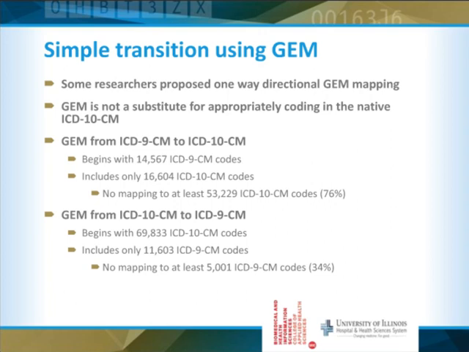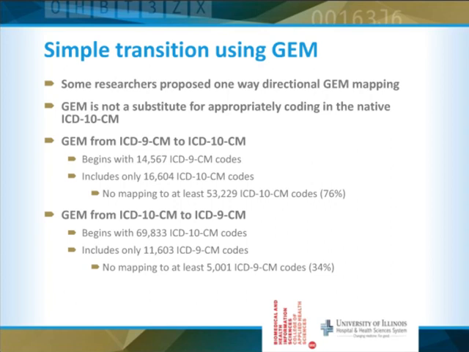If you just look forward with the general equivalent mapping files, you only map forward to 16,000 ICD-10 codes. When you're mapping forward, 76% of the ICD-10 codes never get used. When I've talked to data analysts at different companies and mention this, they say, oh good, we'll just map backwards to the older data. We know the reports.